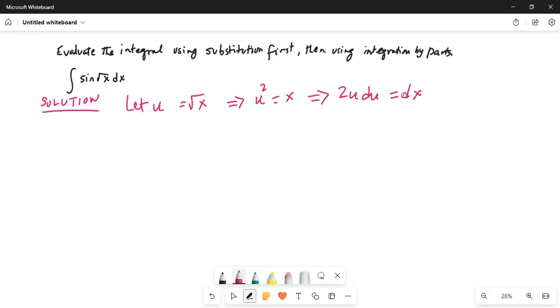Thus the integral of sine of square root of x dx is equal to sine of u, and for dx I write 2u du, which becomes equal to 2 times the integral of u sin u du.